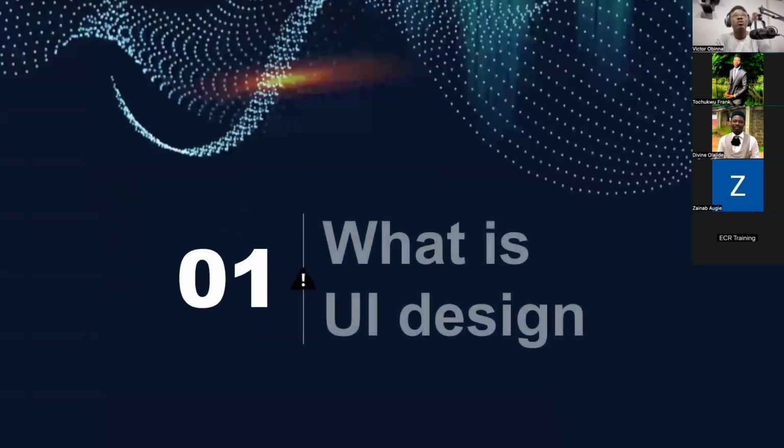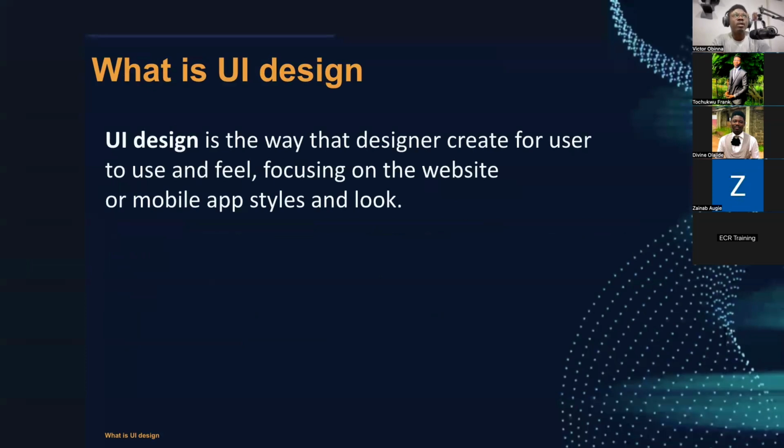All right. The first thing is, what is UI design? Now, there are so many definitions of UI design online, right? But I just came up with this, saying a UI design is a way that a designer creates for the user to use and feel, focusing on a website or a mobile app's style and look. Now, let me explain this, right?